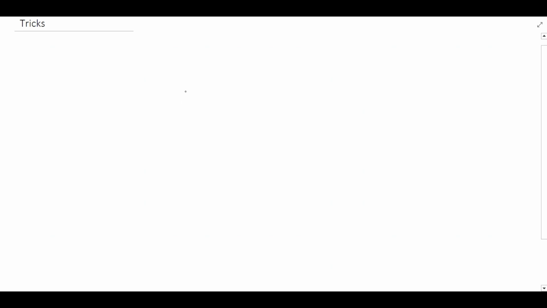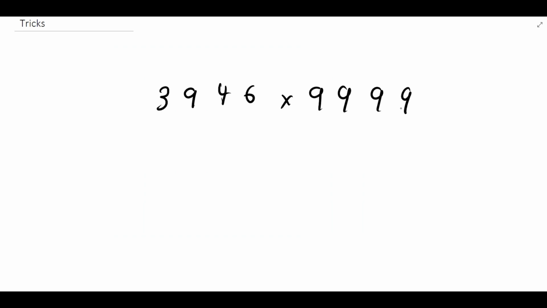Take the number 3946 into 9999. Oh, it would be such a long process. But using Vedic maths, we can do this in a jiffy. Left hand side of the solution, just take the predecessor: 3945. Right hand side of the solution, you subtract the number from the nearest base, upwards of course.